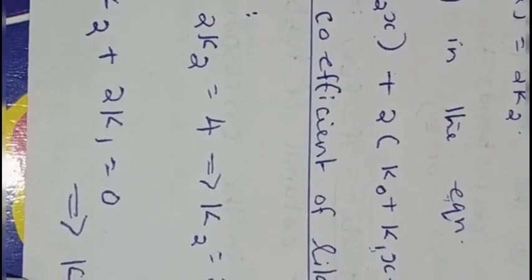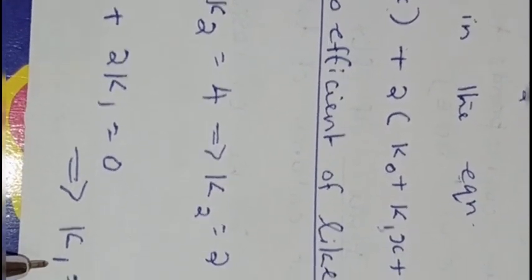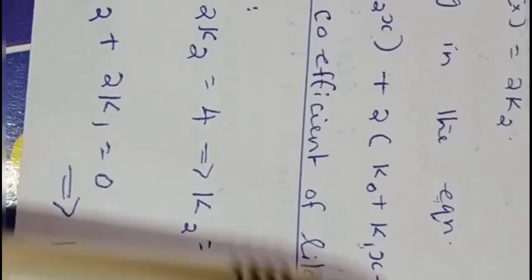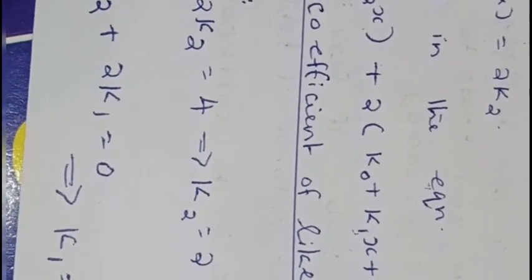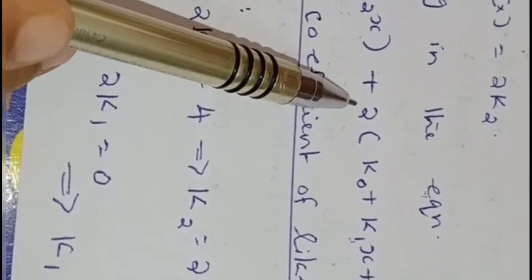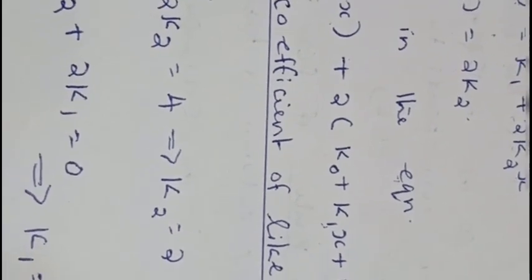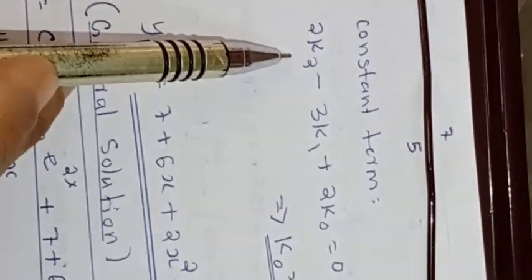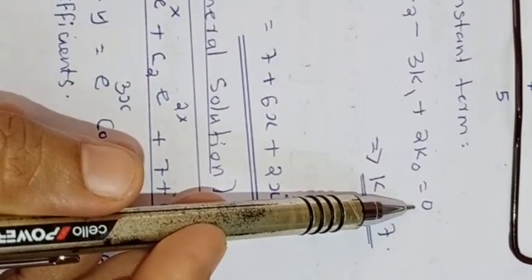The remaining is finding the value of k0. For getting k0, you collect the constant terms on both sides. Here the constant term is 2k2, and here minus 3k1, and here plus 2k0. On the RHS we don't have any constant, therefore the RHS will be 0. So on equating the constant terms, 2k2 minus 3k1 plus 2k0 equal to 0.